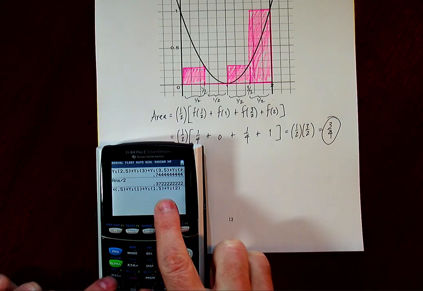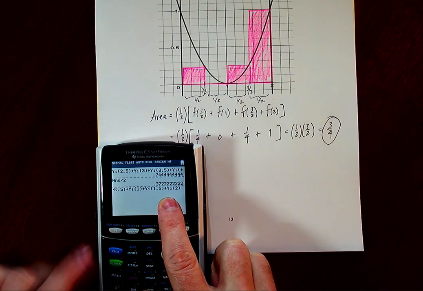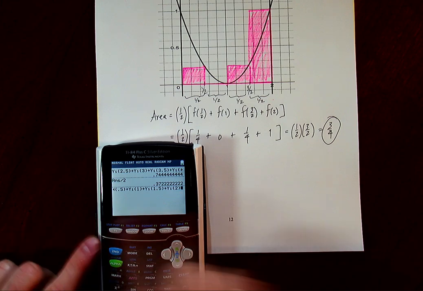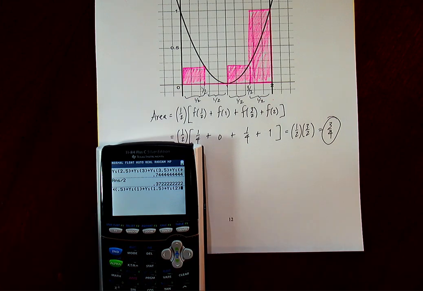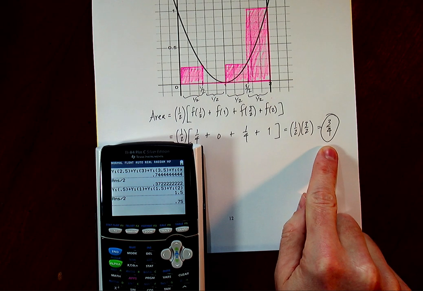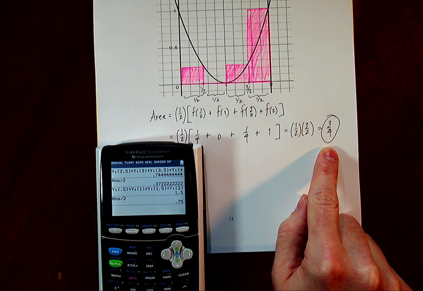No, see, I messed up. Keystroke error, right? That became y2, so I need y1 at 2. And I need to sum all those up, obviously, which I have on the screen. I was just failing to say that as I went. And that is 1.5, and you multiply it by 1/2, or divide it by 2, and you get 3/4, which is exactly what we got here. Okay?